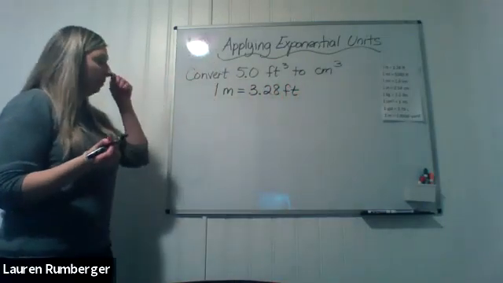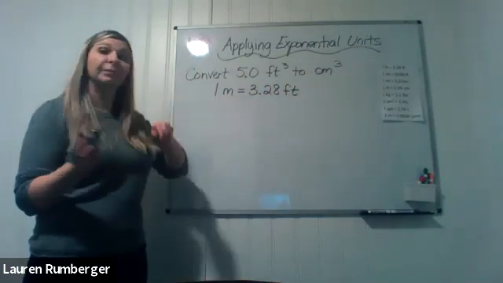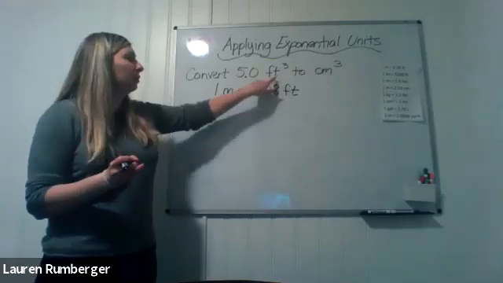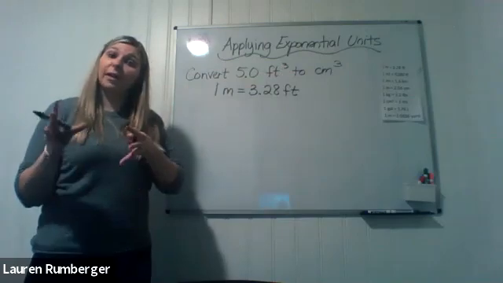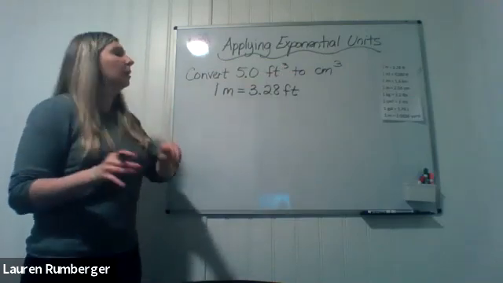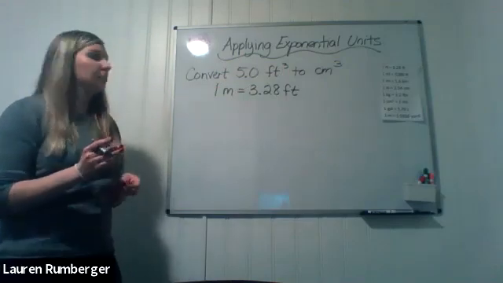That is going to enable us to change feet into meters. But recognize our units here are feet cubed. So whatever exponent we use in the units must be applied to the equivalence.